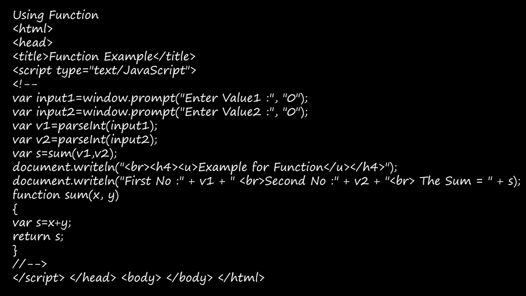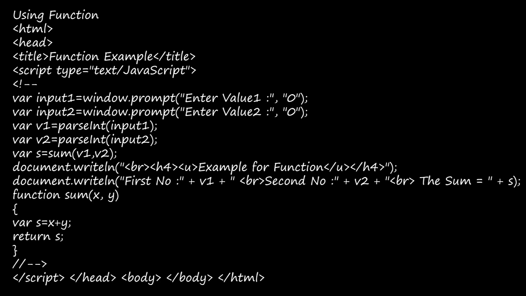And then again variable input2 is equal to window.prompt, "Enter value 2". This will be displayed in another prompt dialog box, right? Since you are giving a prompt dialog box, we will have a field to enter our choice of value there.